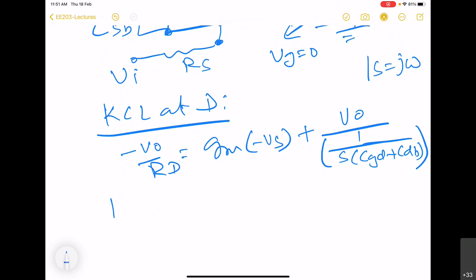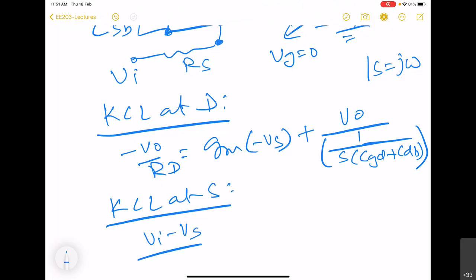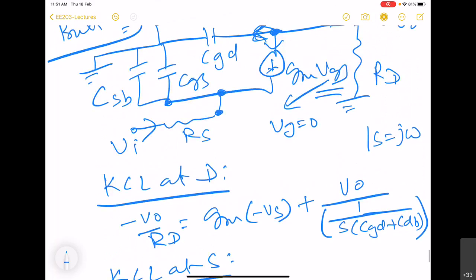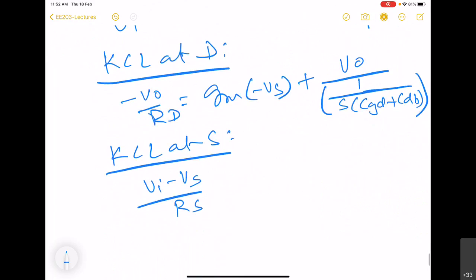Similarly, we can write KCL at source. That will give rise to (Vi minus Vs) divided by Rs, this current, and then we have these two currents. This current and this current will be equal to the current through both the capacitors.